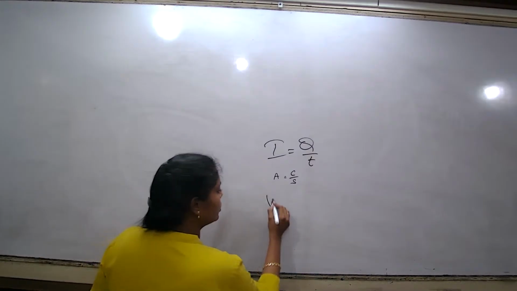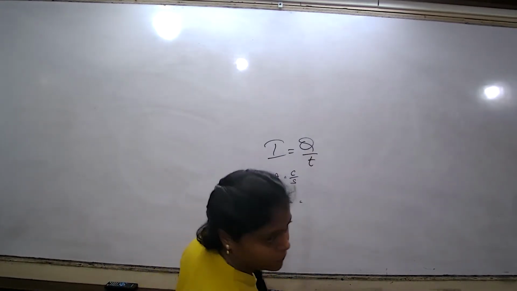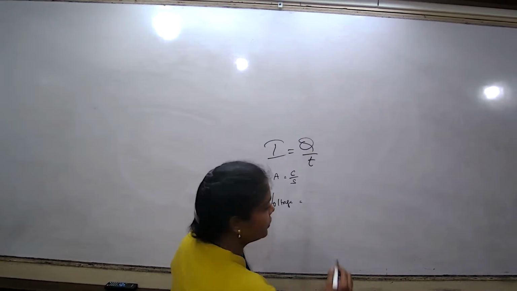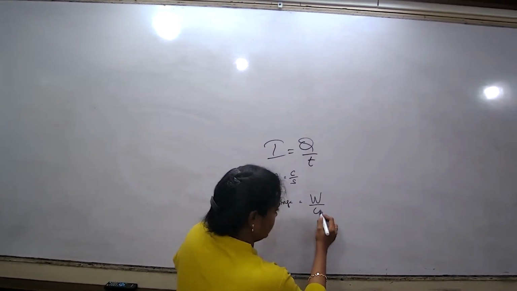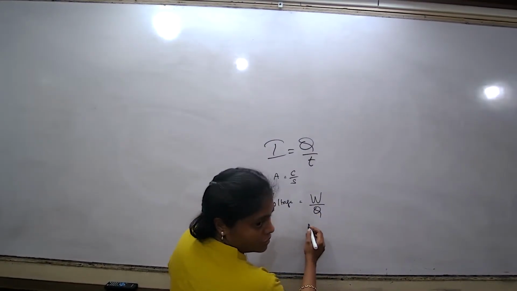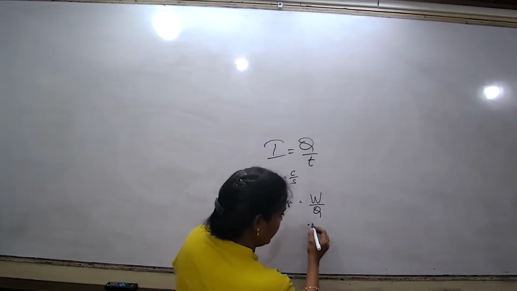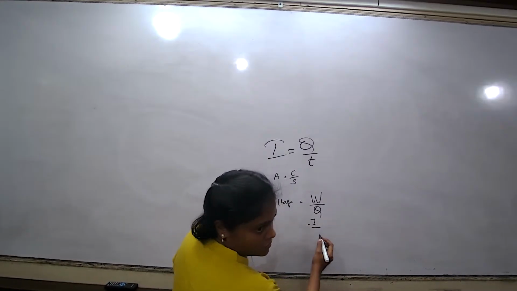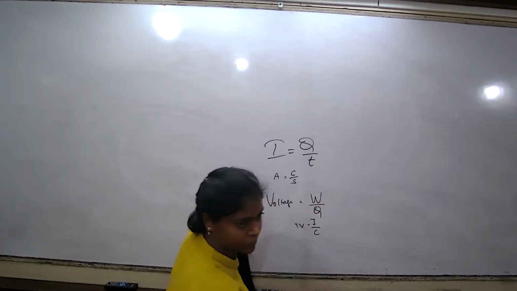Okay, what about the voltage? Volt. Okay, the work done with respect to charge. So what is the unit of work? Joule. Okay, charge in coulomb, 1 volt.